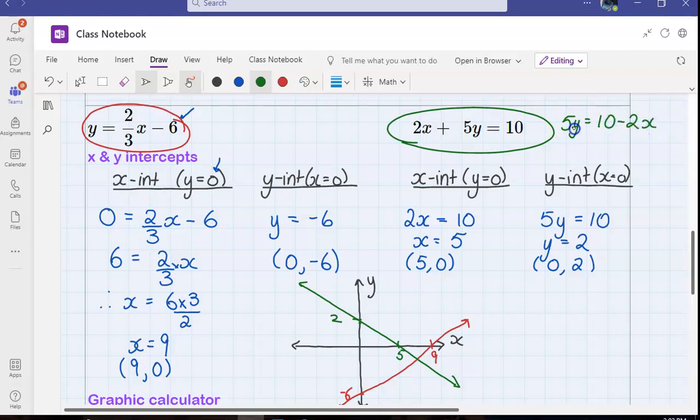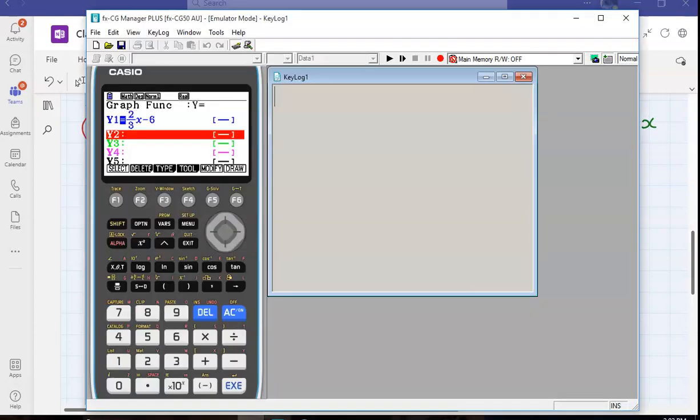And then to get rid of the times 5, we just divide by 5. So 10 take 2x. I'm going to put my fraction button in. 10 take 2x all over 5. We good? Now, you can press draw or you can press EXE.